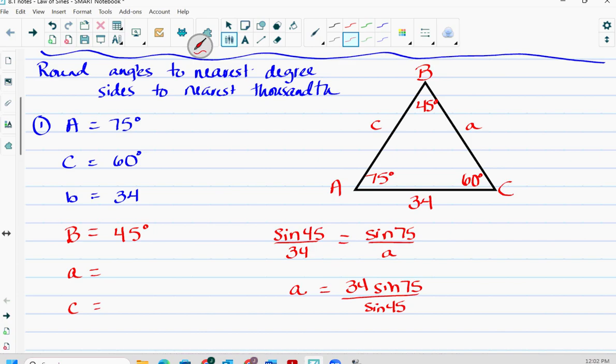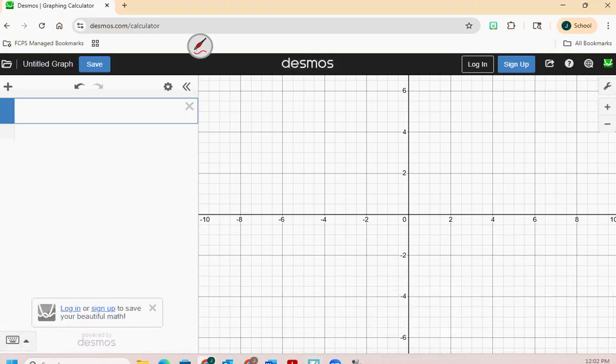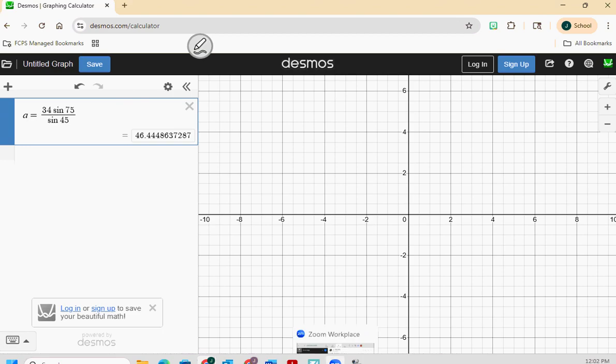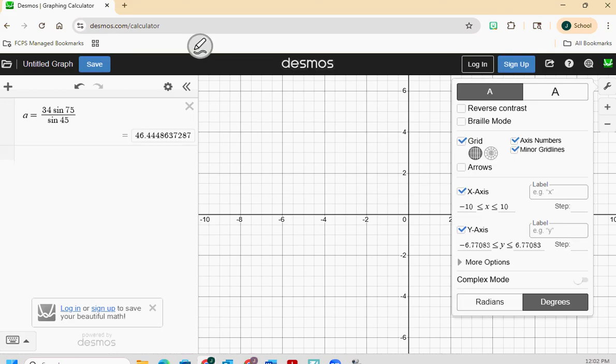So I'm just going to literally type in little a equals, and then this whole 34 sine 75 over sine 45. You should be getting 46.445. If you have something really different, go over here to this little wrench and make sure you're in degree mode. You do not want to be in radian mode.